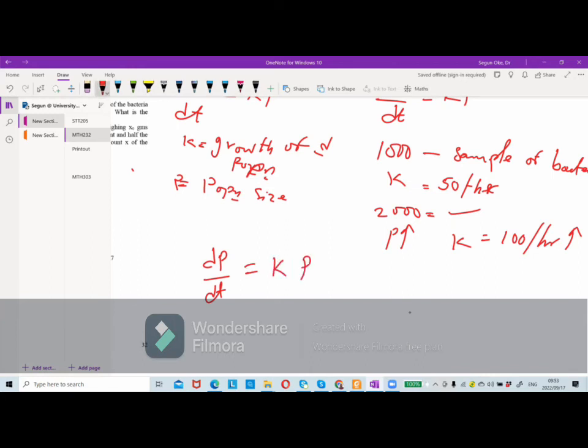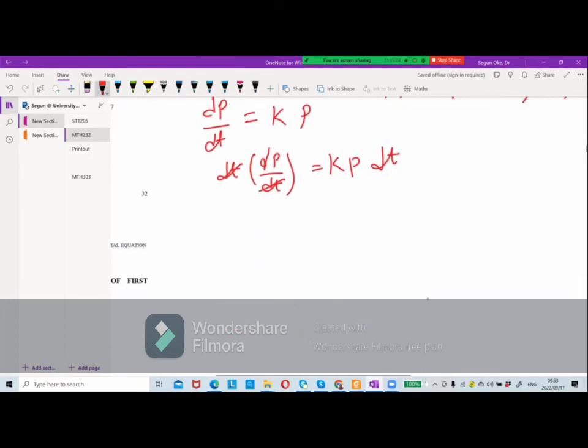So what you need to do is multiply both sides by dt, right? When you multiply both sides by dt, you have dt multiplied by dP over dt equals Kp dt. So this cancels this. So you have dP equals Kp dt. Divide both sides by P again, the way we did the other time.